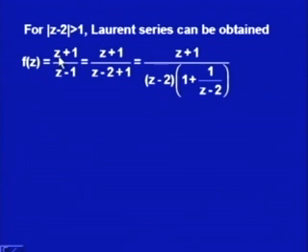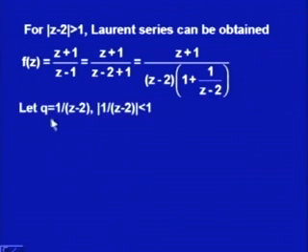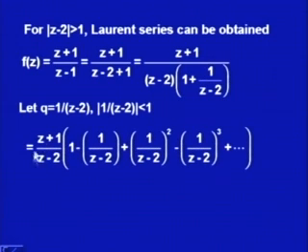But for modulus z minus 2 greater than 1, a Laurent series can be obtained, and we have f(z) as z plus 1 divided by z minus 1. We again rewrite it, and since our domain is modulus z minus 2 greater than 1, we will now take z minus 2 outside, and we will have 1 upon z minus 2 in the denominator. Simplifying this, taking q as 1 upon z minus 2 with modulus of q less than 1, and expanding it in powers of 1 upon z minus 2, this is the geometric series.